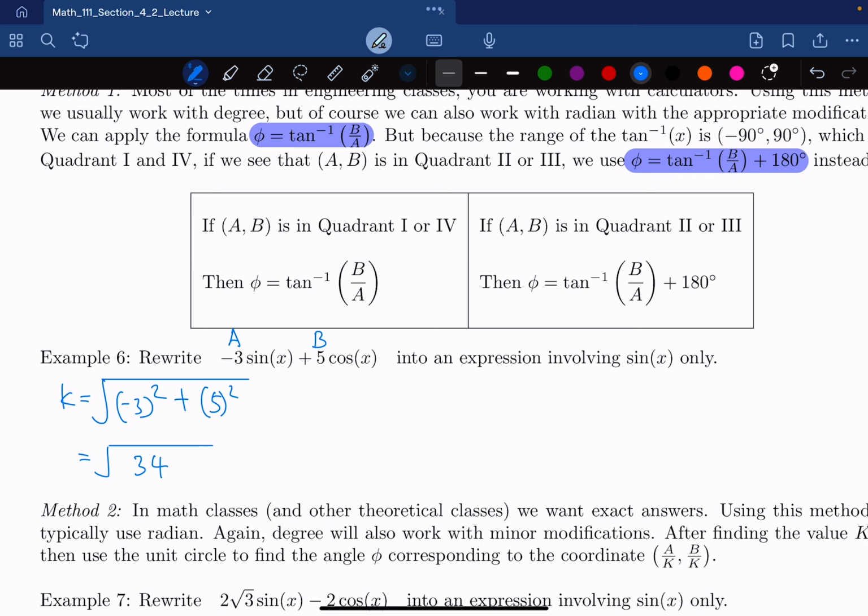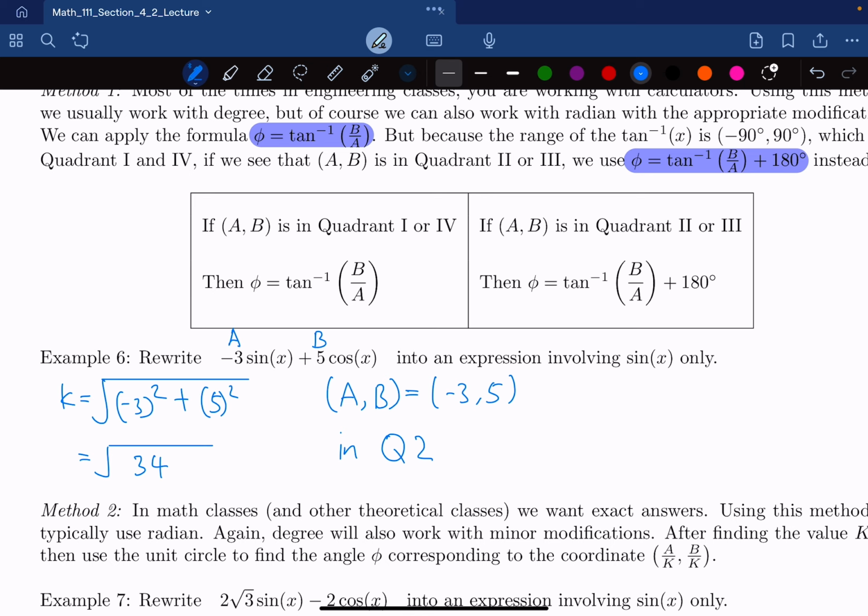Okay, this one is not too bad to do. Then I need to look at the quadrant for (a, b). Well, (a, b) is (negative 3, 5), and this is going to be in quadrant 2, because in quadrant 2 the x value is negative and the y value is positive.